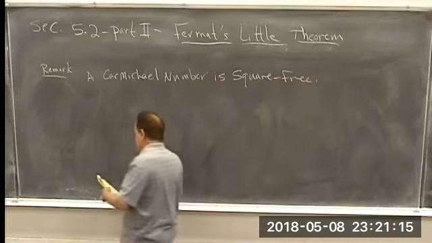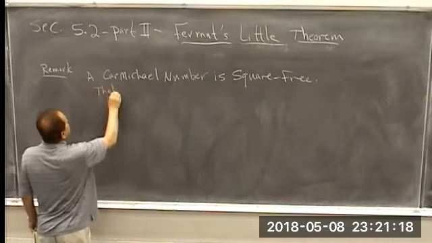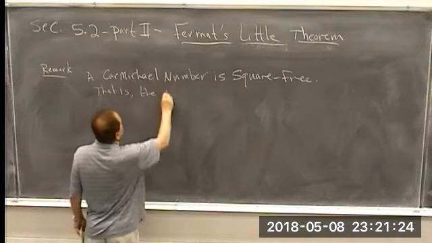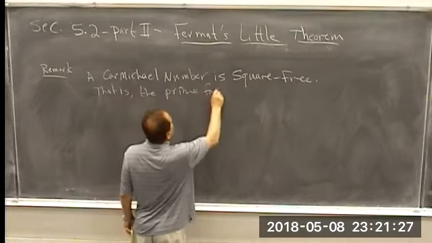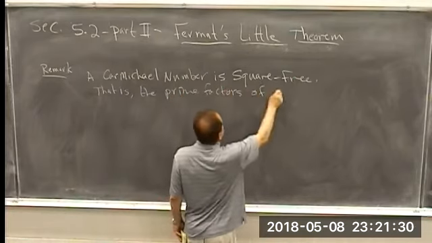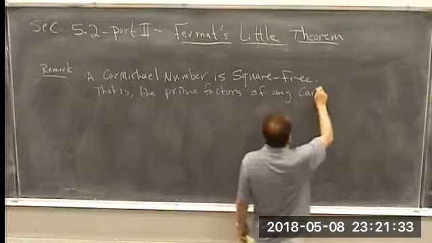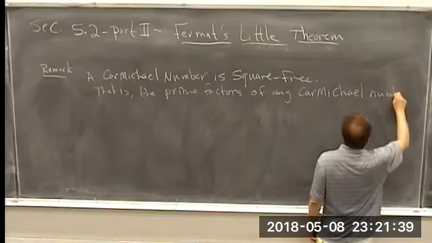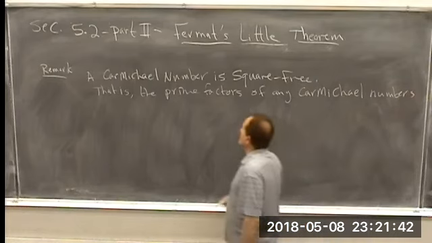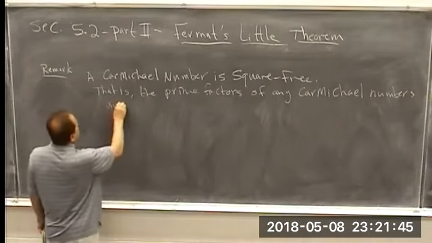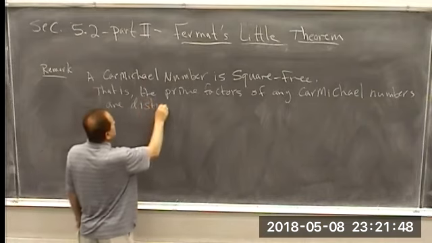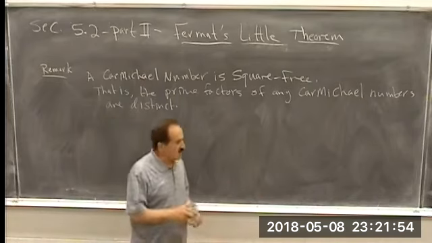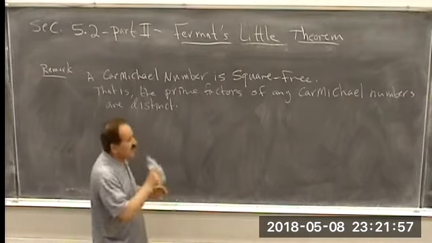What does this mean? That is, the prime factors of any Carmichael number are distinct. Because they cannot appear to the third, because this means they are to the square. So it means I don't have any squares. All right.